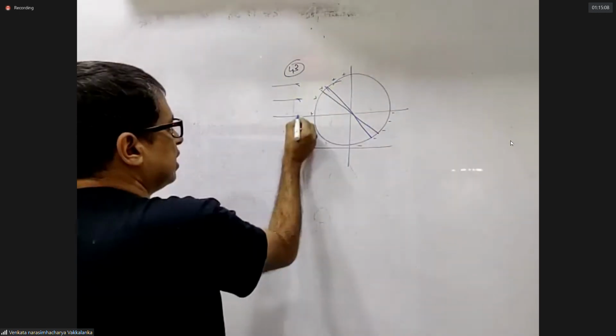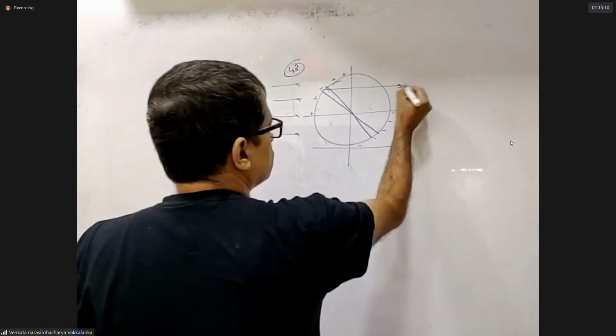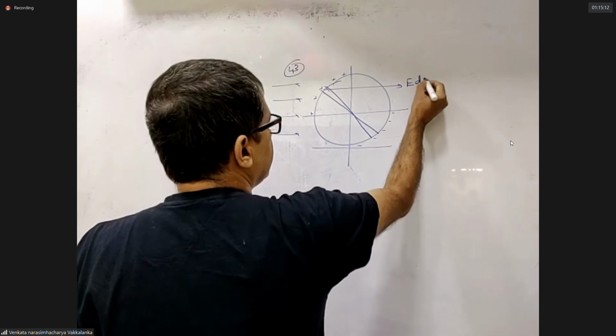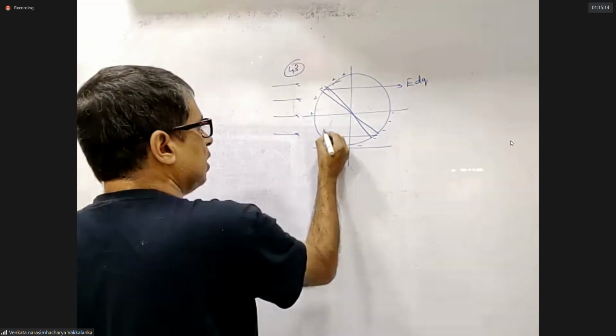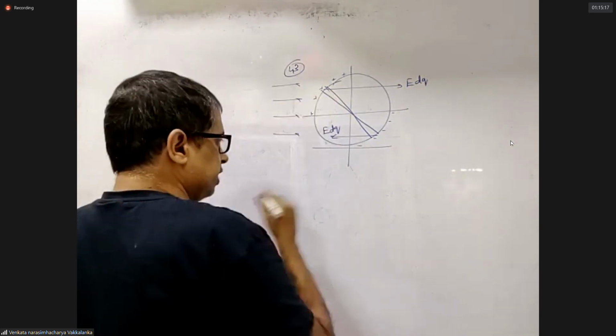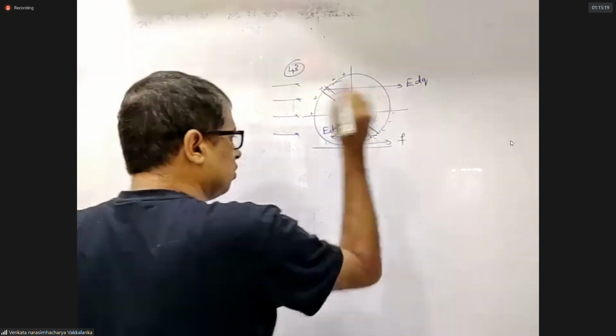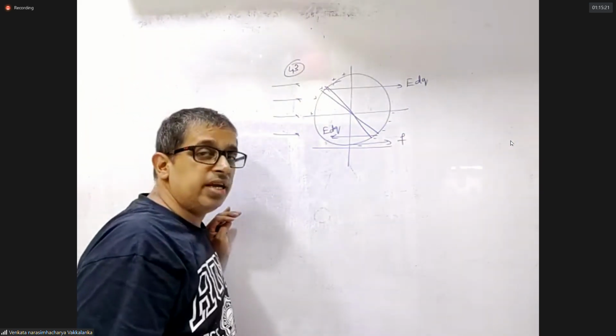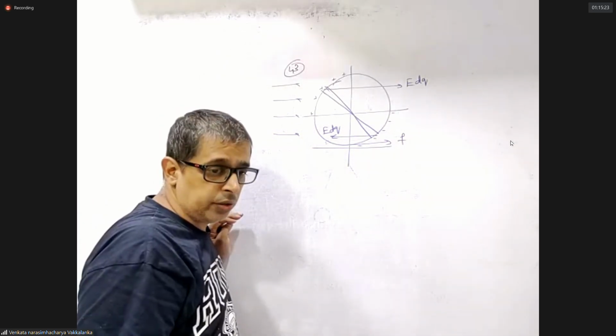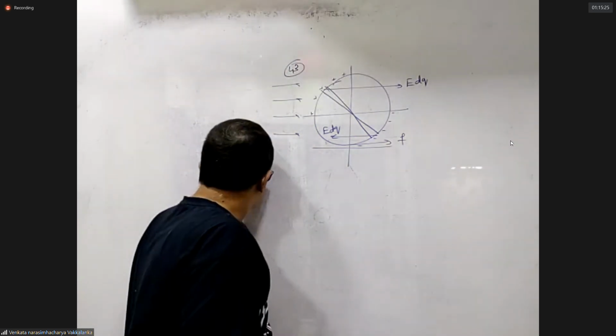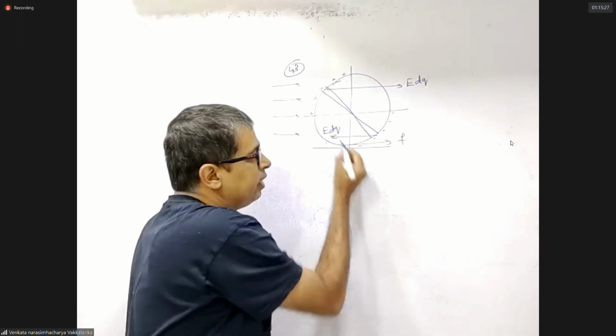If there is an electric field established, this will have E dq in this direction, this will have E dq in this direction. Friction is in the forward direction. Is there any other horizontal force according to you? No, sir. So E dq will cancel.